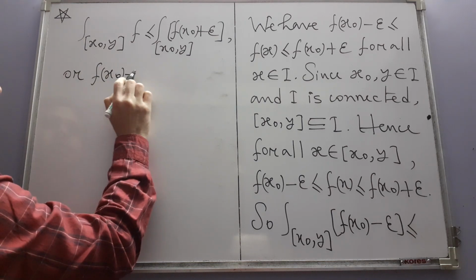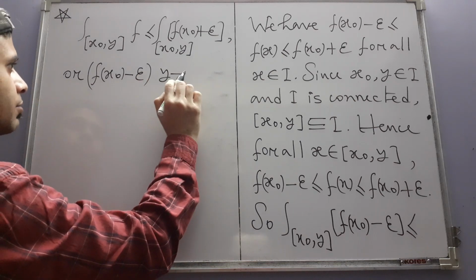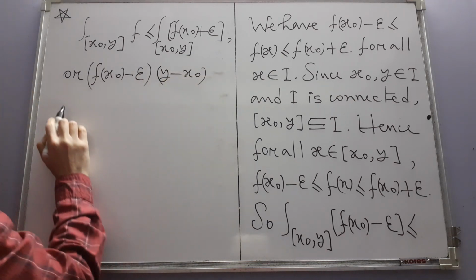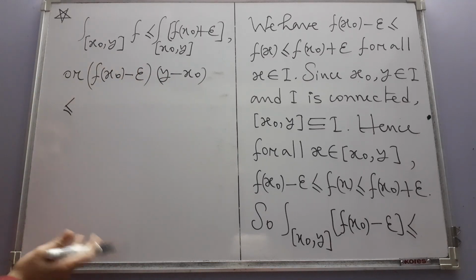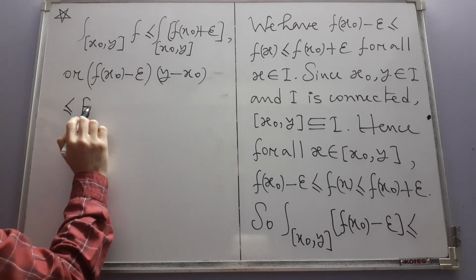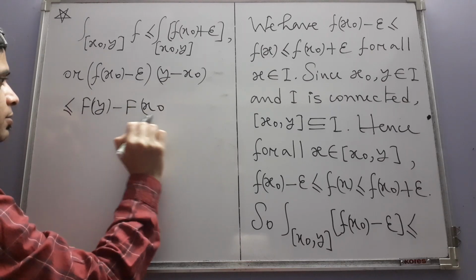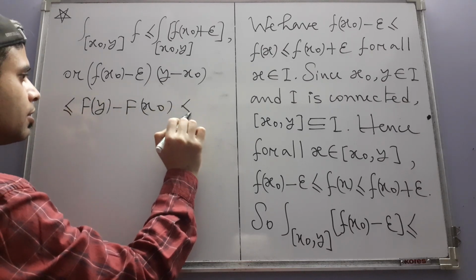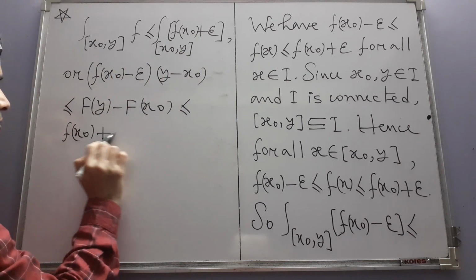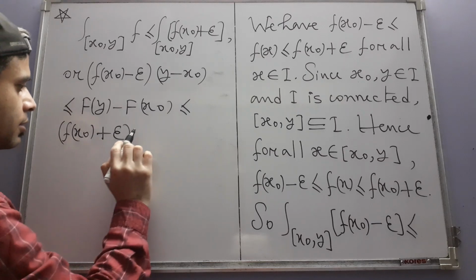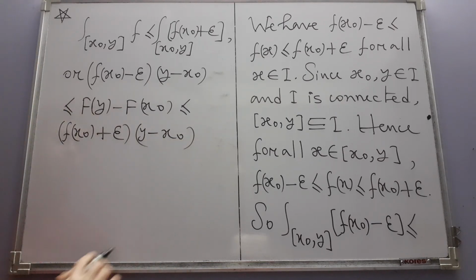This will be the constant times the length of the interval, y minus x naught. And what is this middle integral? Just now we calculated that this is f of y minus f of x naught. And this is less than or equal to this other constant times the length of the interval.